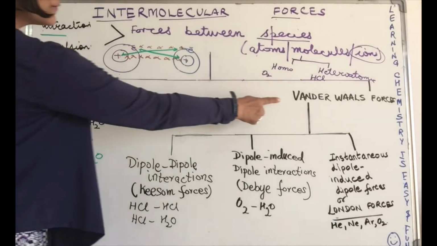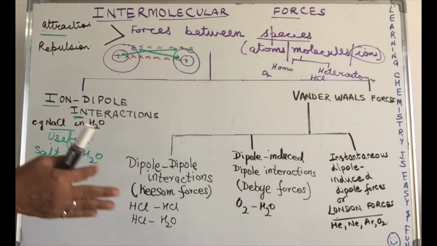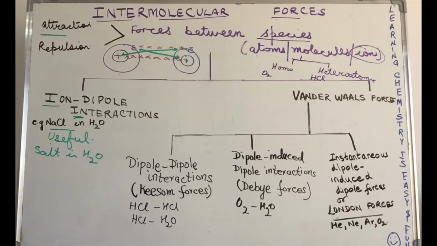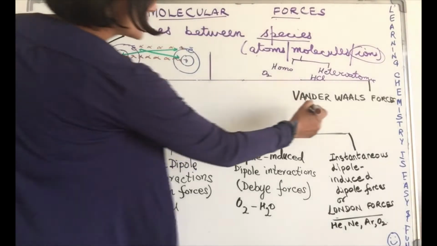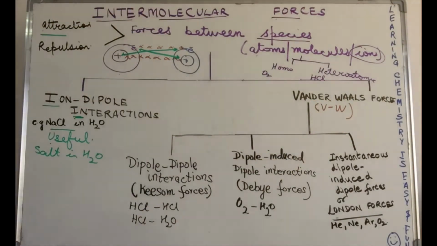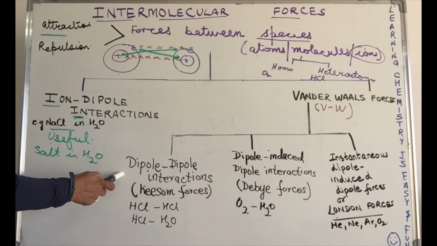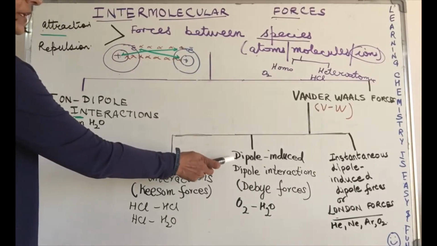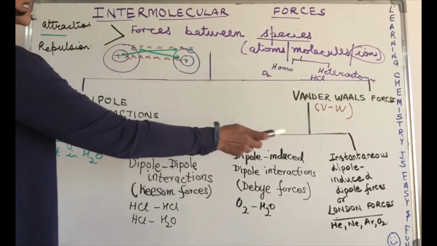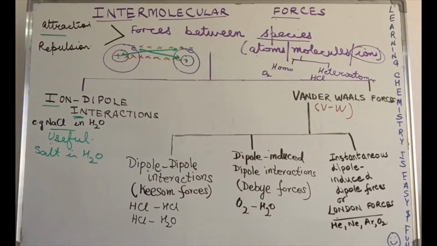The other sets of forces we will be talking about are covered under the blanket name of Van der Waals forces. Henceforth, I will refer to them as the VW forces, right? The Van der Waals forces are classified as dipole-dipole interactions, dipole-induced dipole interactions and instantaneous dipole-induced dipole interactions.